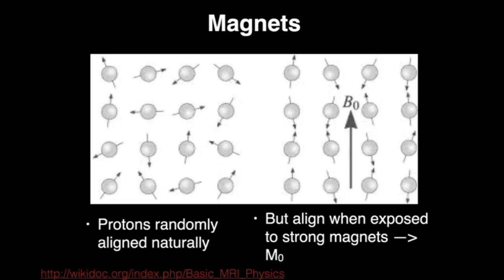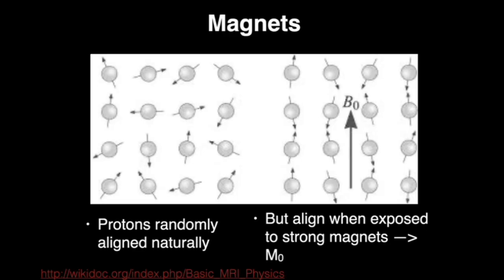Now, it still is the case that about the same amount will align parallel as anti-parallel with the field. But because of the number of nuclei that you have, which is in the billions and trillions, there is a small enough percentage difference that it creates a detectable magnetization that forms the basis of the signal that we can acquire.